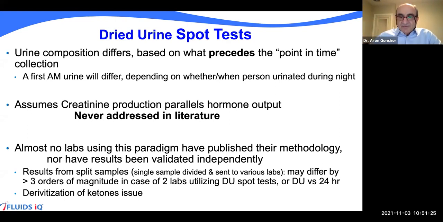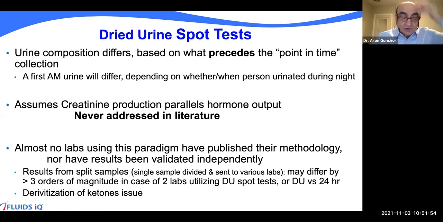It's very difficult to know, especially when you don't know what that person did and you're depending on them to give you a true account of what they actually accomplished when they did that urine collection in the morning. So it also assumes that creatinine production in the urine is paralleling hormone output. And that has really not been addressed adequately in the literature, to say the least.